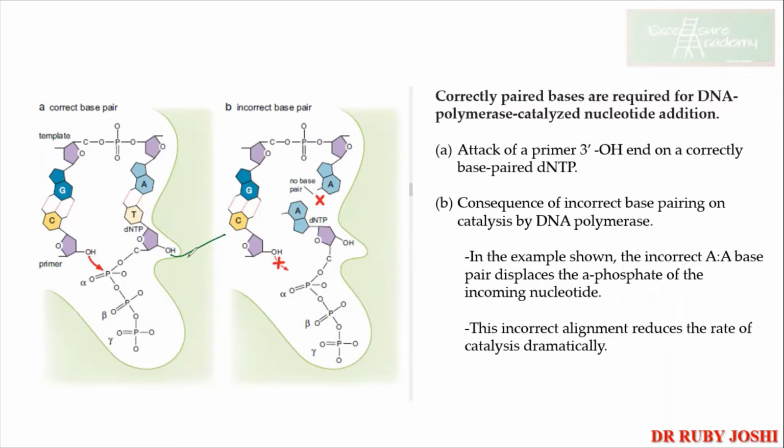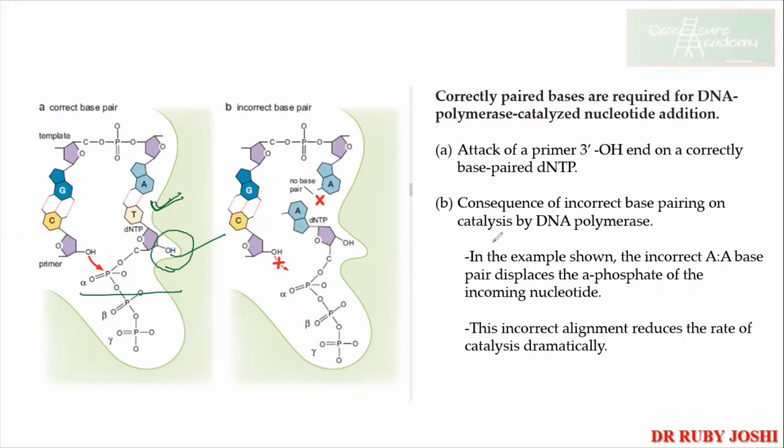Okay, it's partially correct. Shruti, how we have to say is that first, correct base pairing has to form. Second, the 3-OH has to sit into the binding pocket. Third, the primer's 3-OH is going to attack on the alpha phosphate for the phosphodiester bond formation. Okay, that's all you have to say.